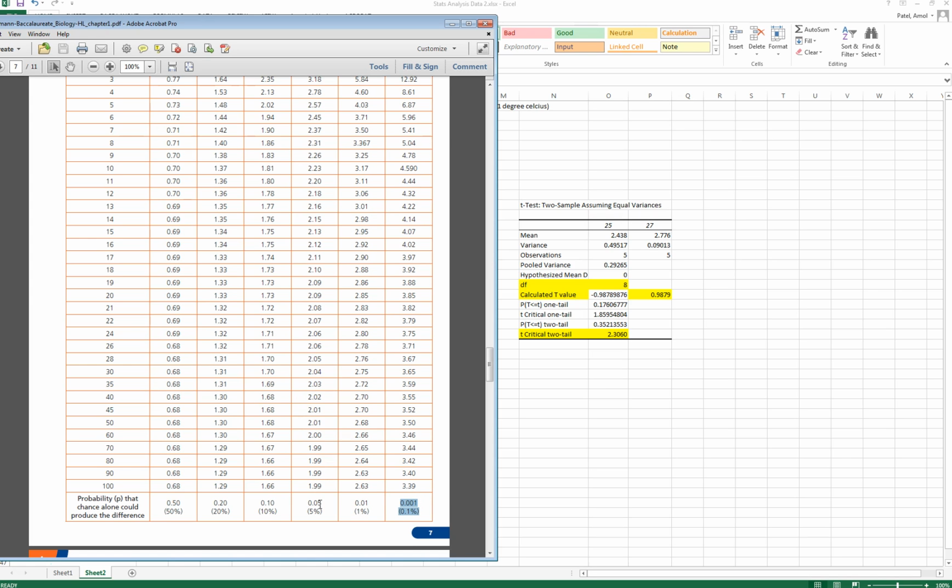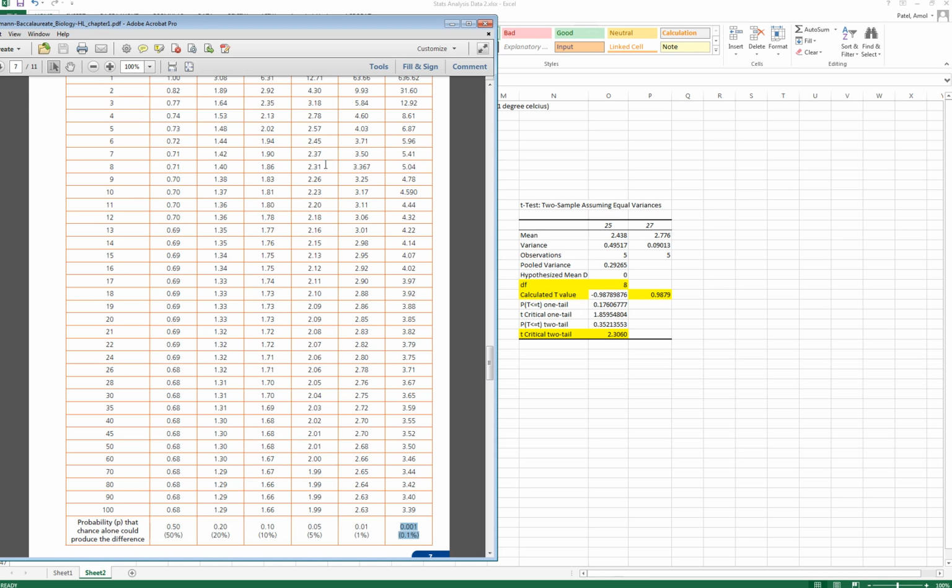So the number that we were really looking to beat is 2.31 at a 5% confidence level, which is what this number would round to, right? If we were rounding to 2 decimal places, 2.31.